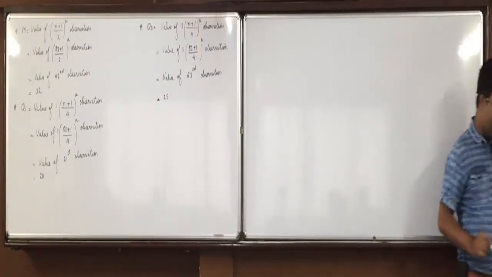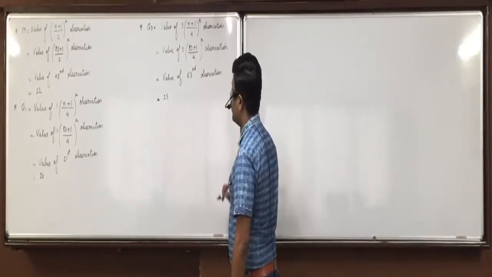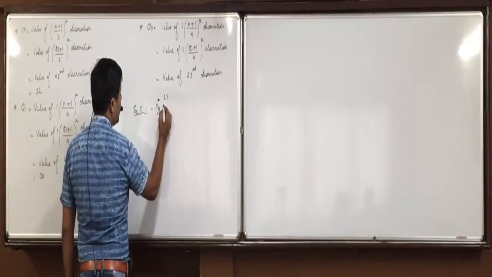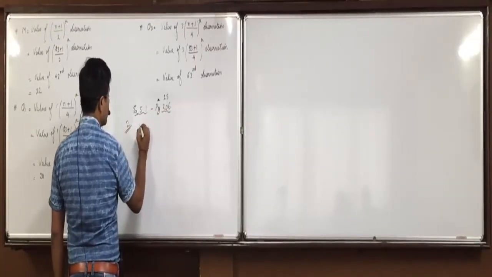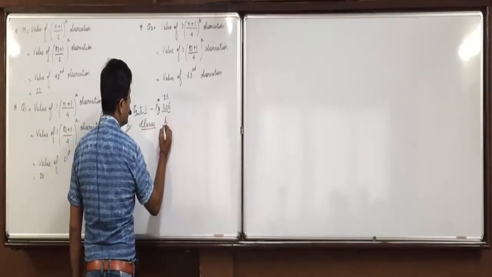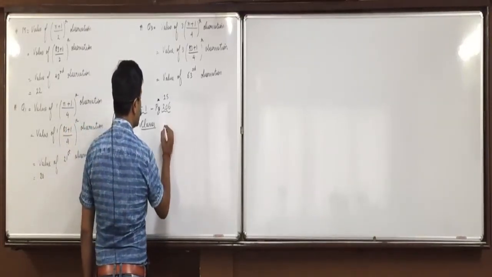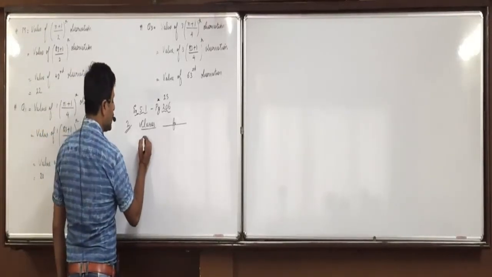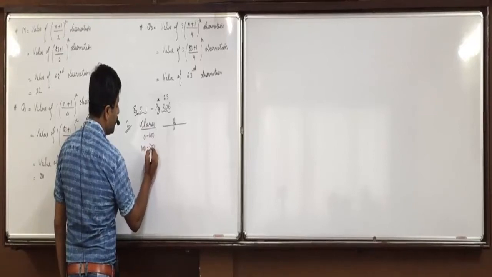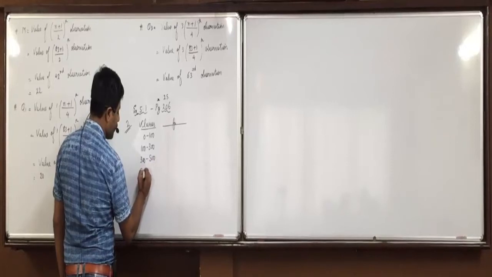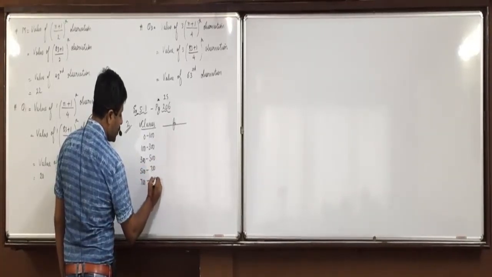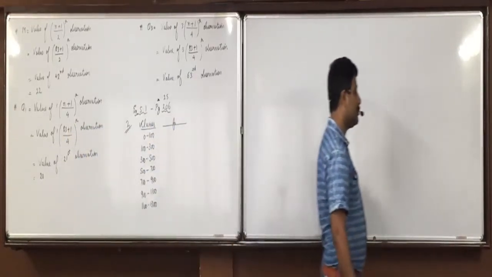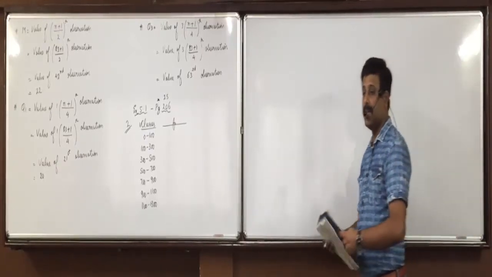So right now converting the given less than type cumulative frequency distribution into a continuous frequency distribution, we get the classes: 0 to 100, 100 to 300, 300 to 500, 500 to 700, 700 to 900, 900 to 1100, and 1100 to 1300. Is everyone clear with this?